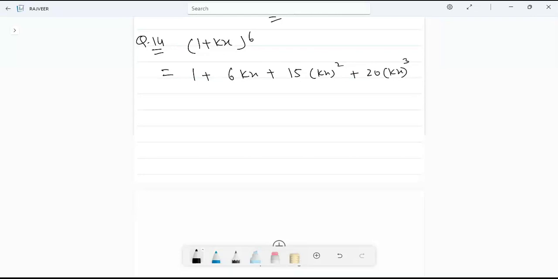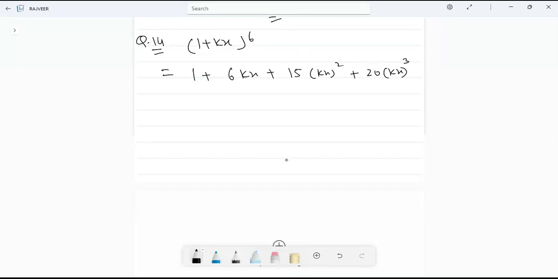We need not write the terms ahead. Why? Because we just need x square and x cube. We have to take the coefficient of x cube and x square.